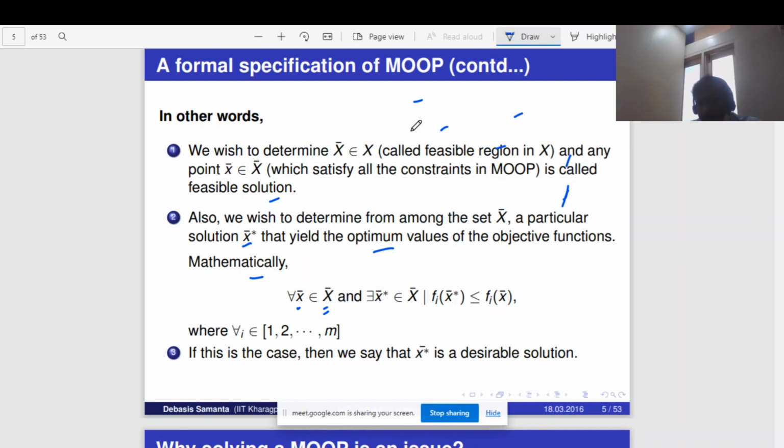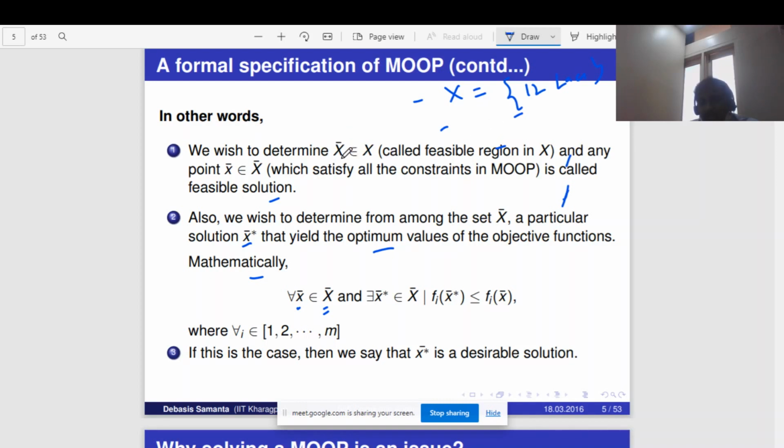It may be infinite. Say, for example, in the problem of job, if you take the number of students who will be passing out of engineering this year, everybody will be x. That will be huge, right? How many students will be passing engineering this year? Maybe 10 lakhs or 12 lakhs. So that is x.